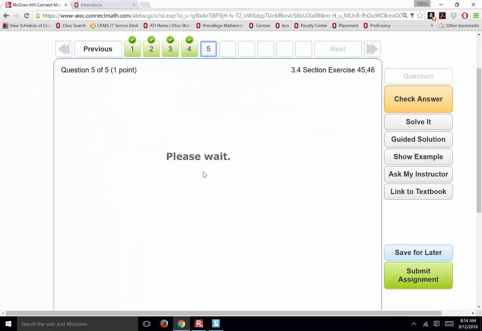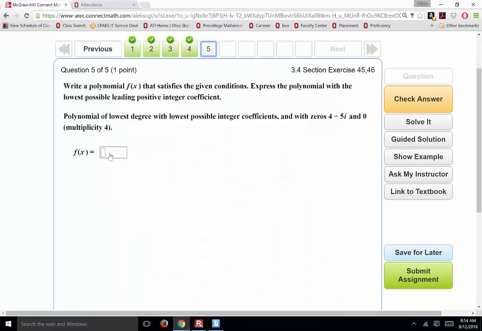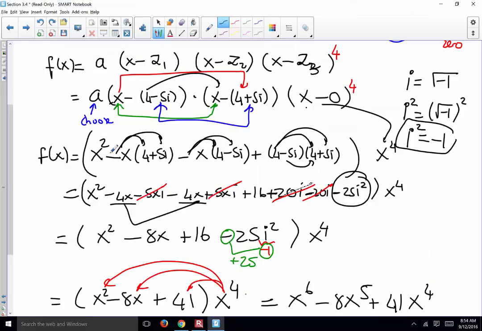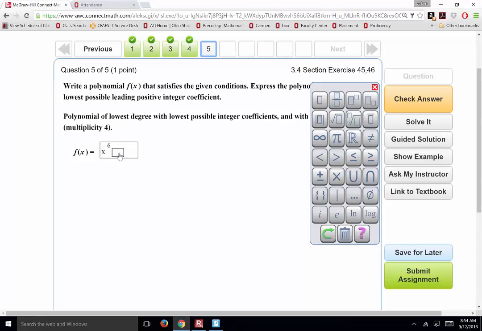X to the sixth minus 8x to the 5th. Once you leave the screen it's hard to go back.